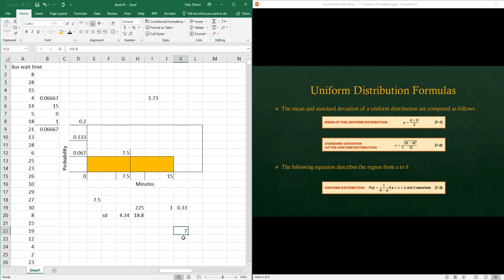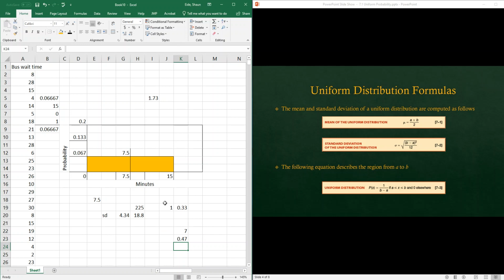And then you do equals 7 multiplied by 0.067, and the probability of an individual waiting 8 minutes or more for a trolley is 0.47.